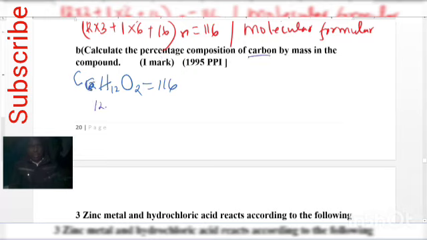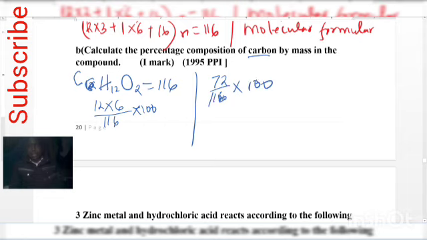So 12 times 6, you divide by the total, which is 116, times 100, and it will give us the percent. 12 times 6 is 72, divided by 116, the total molecular mass, times 100. This will give us 62.02%.